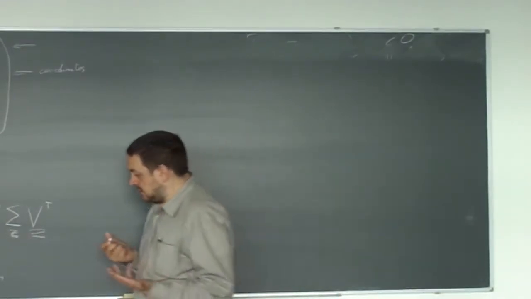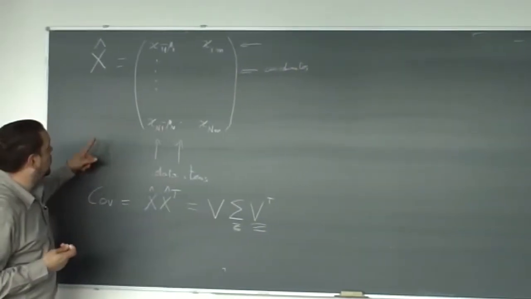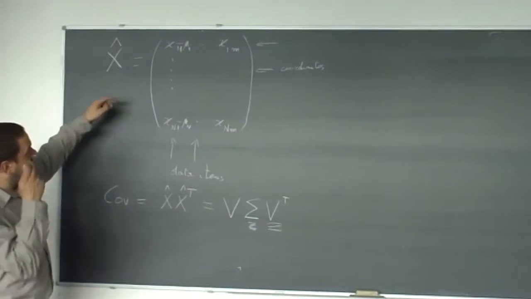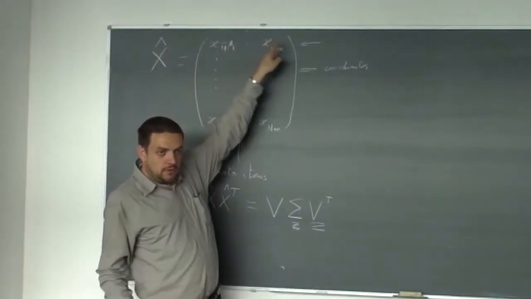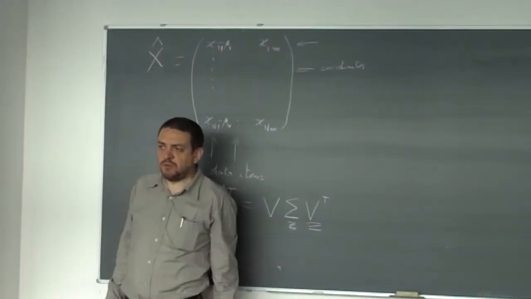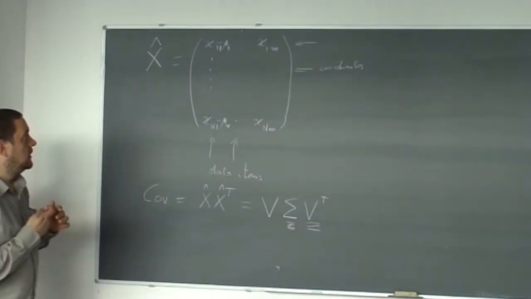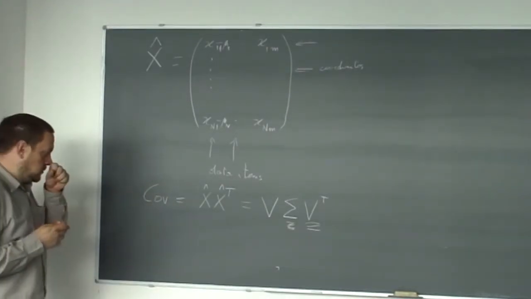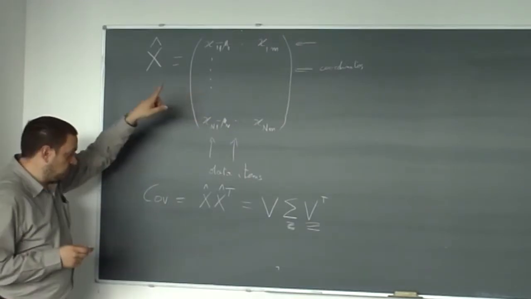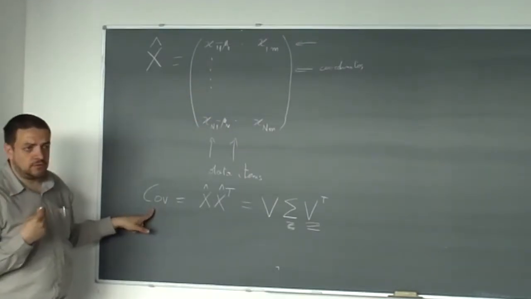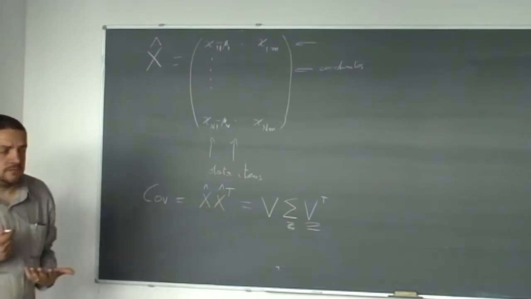Why? Because we are normalizing each row so that its arithmetic mean would be 0. And this is what we actually want to do if we want to speak about covariance.